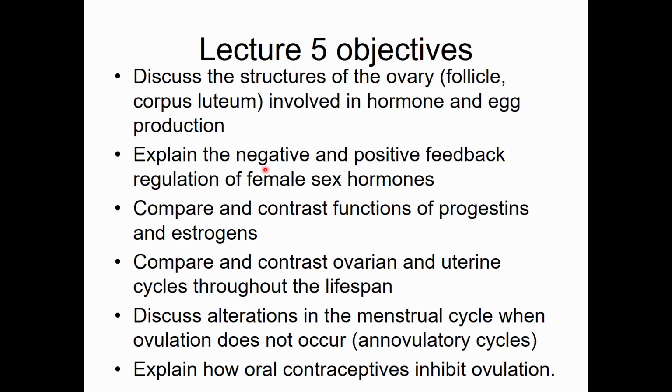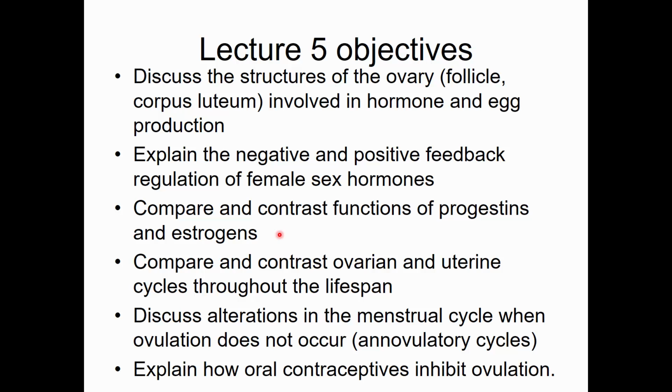Females are more complicated in terms of their reproduction because negative and positive feedback is involved in the regulation of female sex hormones. And females have two sex hormones, the progestins, the most common form being progesterone, and the estrogens, the most common form being estradiol.